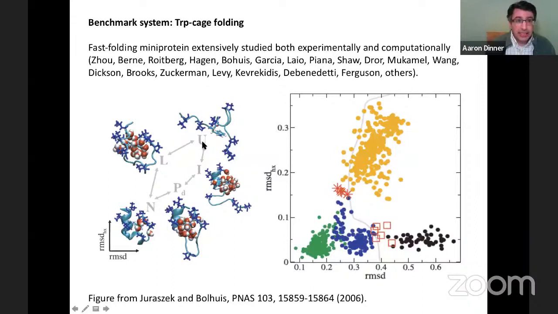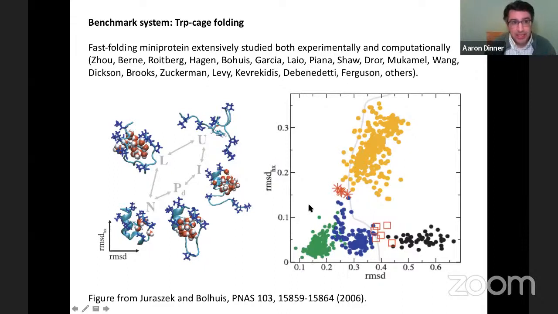You can see in the picture on the left that there are two folding pathways, one where the hydrophobic core forms first, and then this alpha helix, and one where this alpha helix forms first, and then the core. And we're going to make use of some very nice simulations from Peter Bolhuis some years ago.